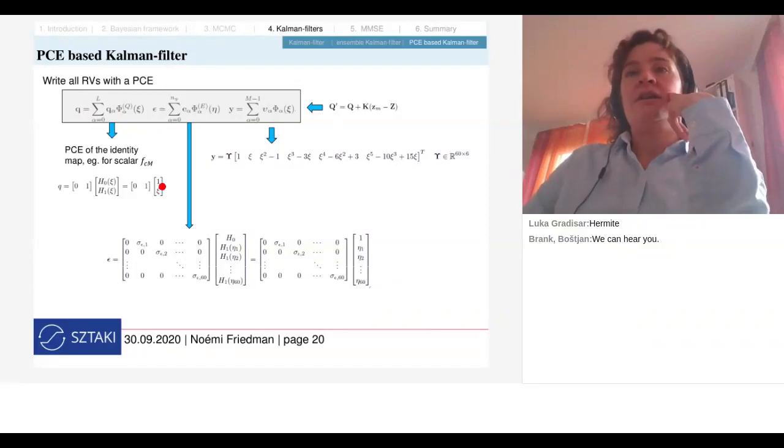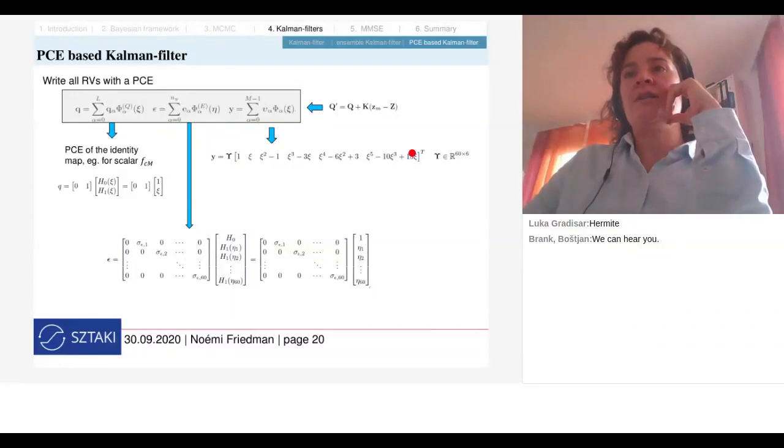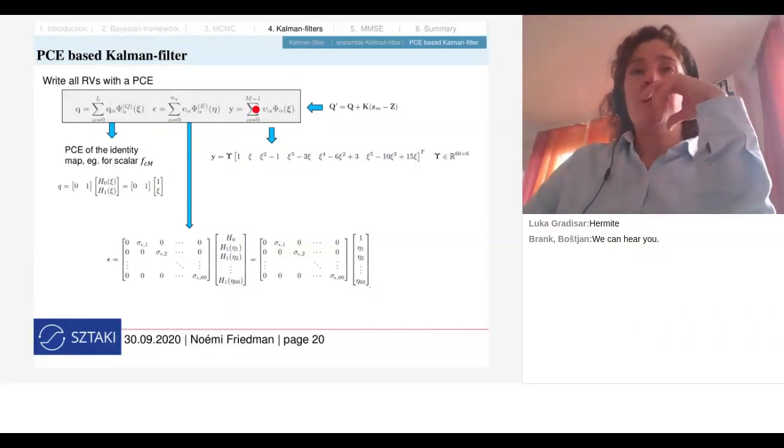This xi is the same xi as here, because the y depends on those xi variables that the q depends on. So this is the same basis, but I only need here the linear term and the constant term. And here I also need these higher degree terms. So somehow I need to put those together, and I also need to put it together with this basis.